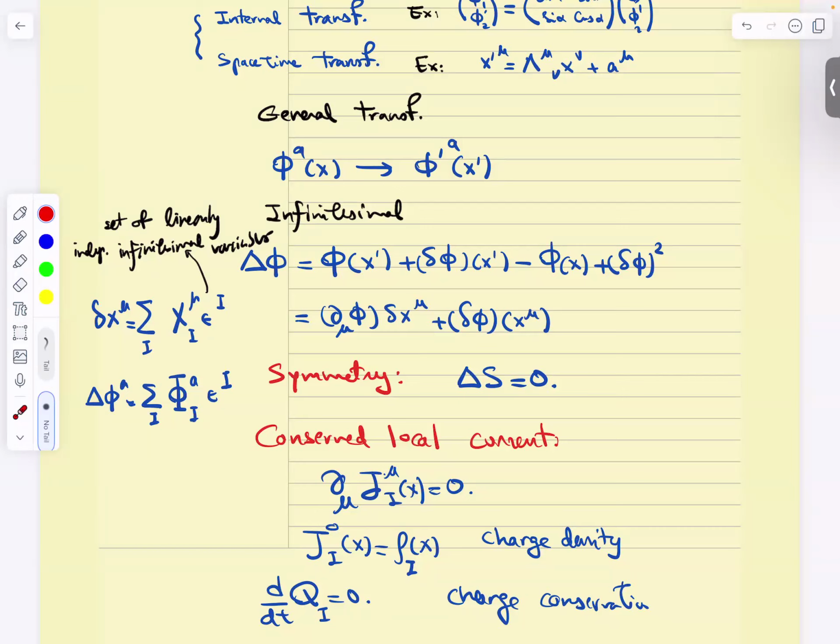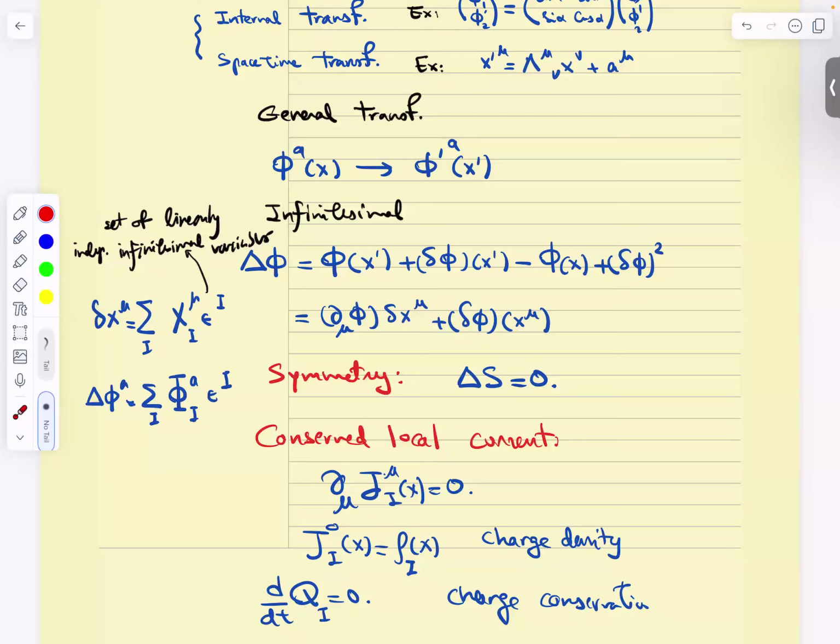This is just for translation. I just want to introduce these variables that are independent. You'll see the advantage of this, because I want to write down an expression for the Noether current. At the moment it seems weird to do this, but as you start working out examples, you see this is a good notation. The same holds for the field.